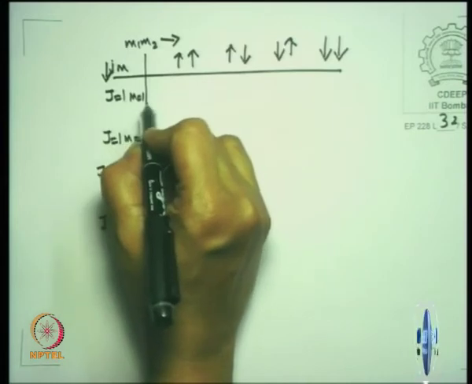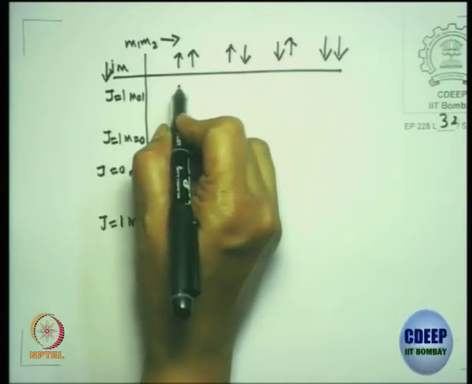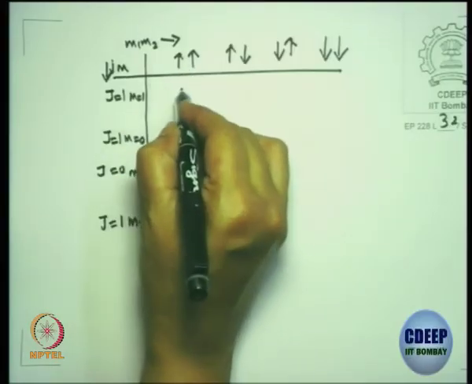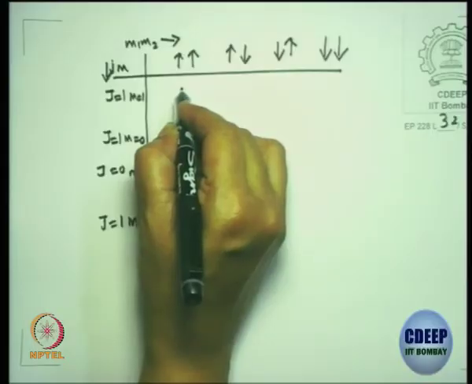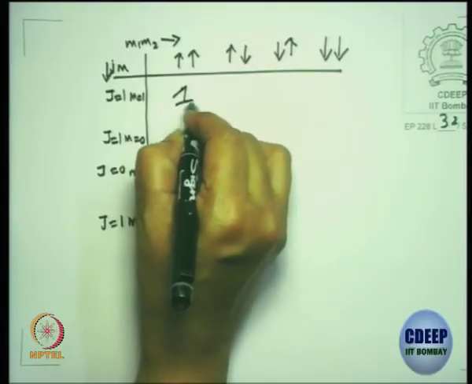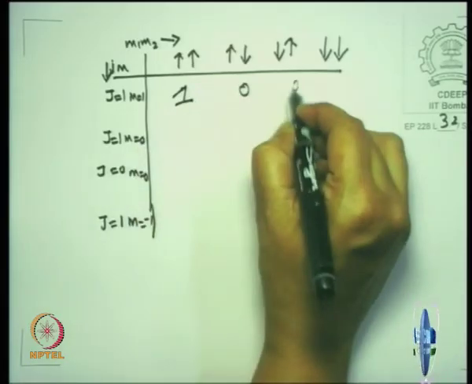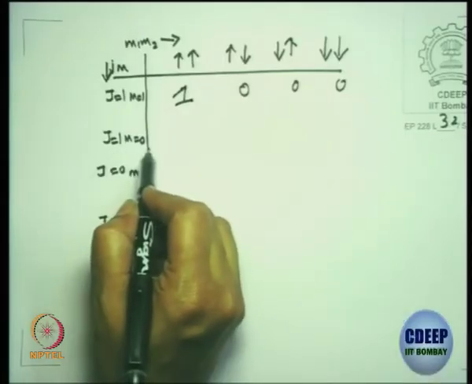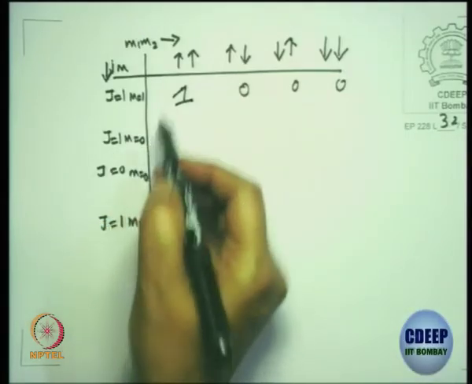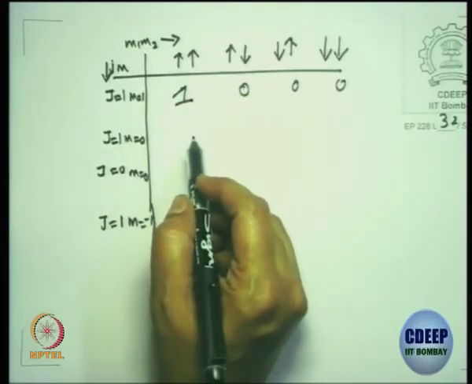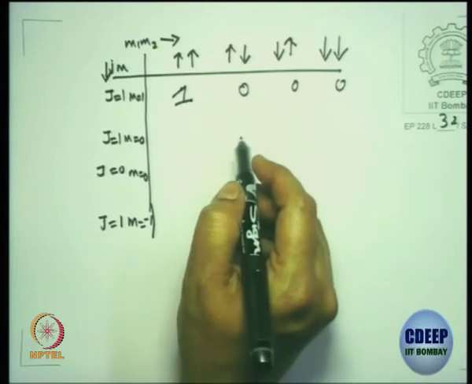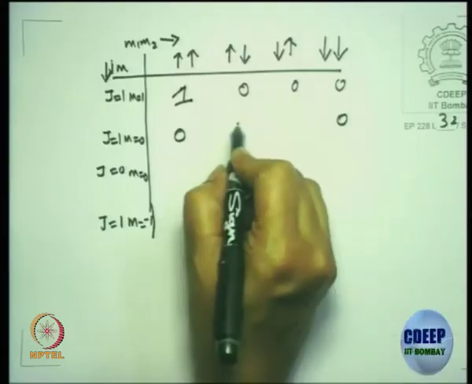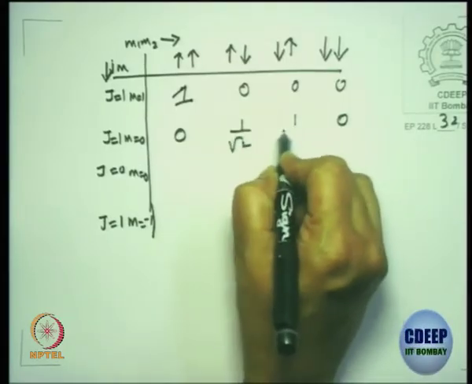The j equal to 1, m equal to 1 contribution will only come from m1 plus m2 equal to m. Only this one. That's a stretch state. So this element is 1. Others are all 0. J equal to 1, m equal to 0 we have written down is 1 over square root 2 times up down plus down up, which means this is 0, this is 0, this is 1 over square root 2 and 1 over square root 2.